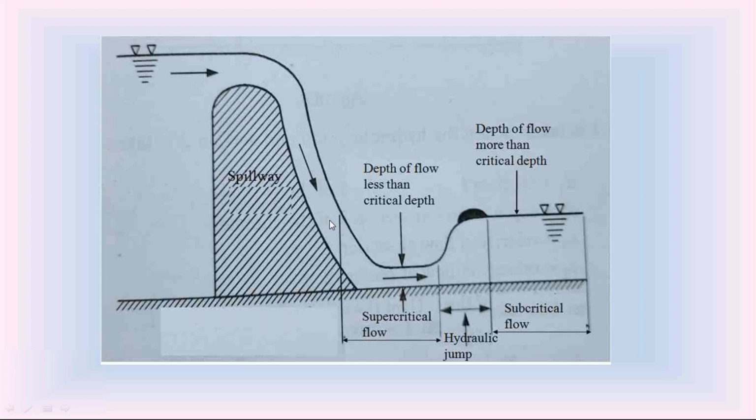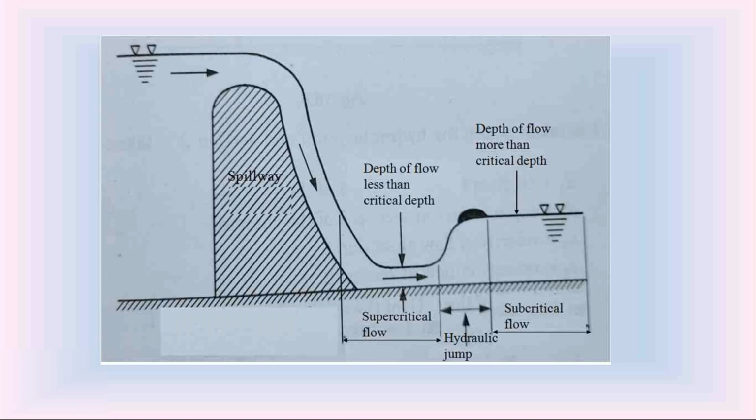When the water reaches this bottom of the spillway, the depth of water flow at this location is a small value. In this region, please everyone check this. In this region, the depth of water flow is less than the critical depth Yc.